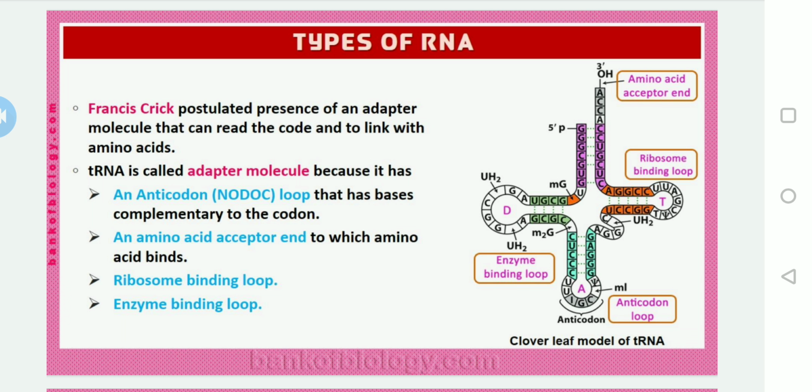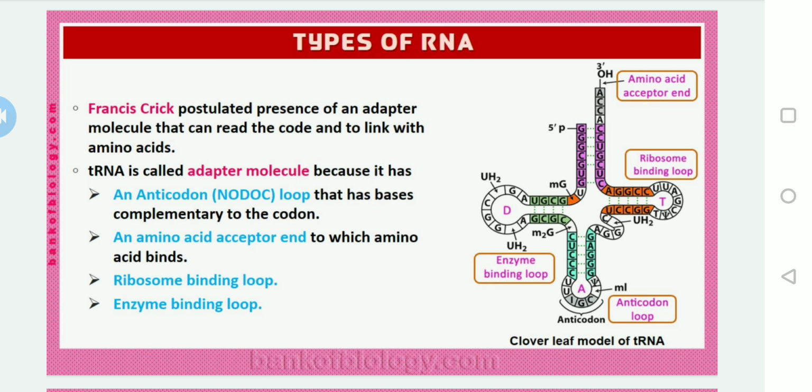The structure of the tRNA can be best explained using the cloverleaf model. That's what I just said.